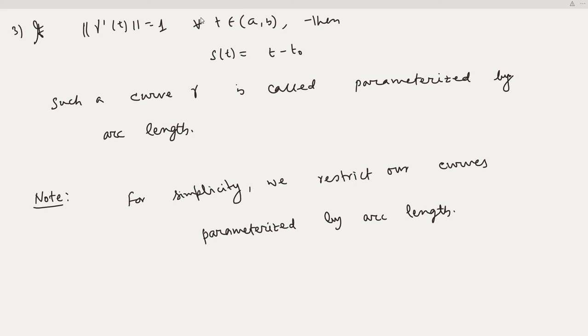Next time we will study reparameterization, where we will show that every regular curve can be reparameterized by arc length. So we stop here.